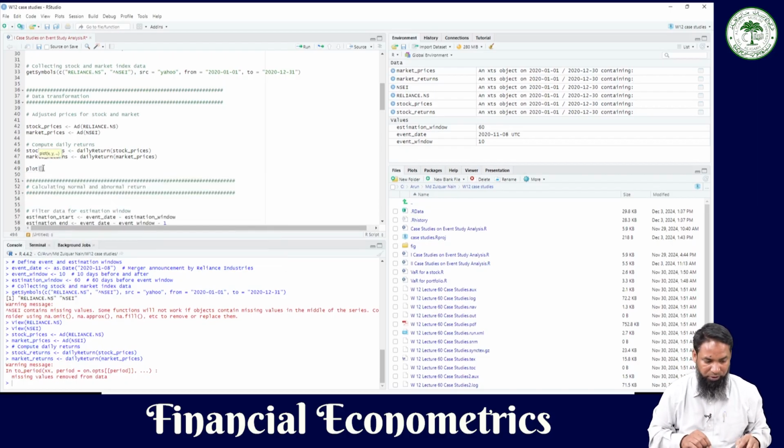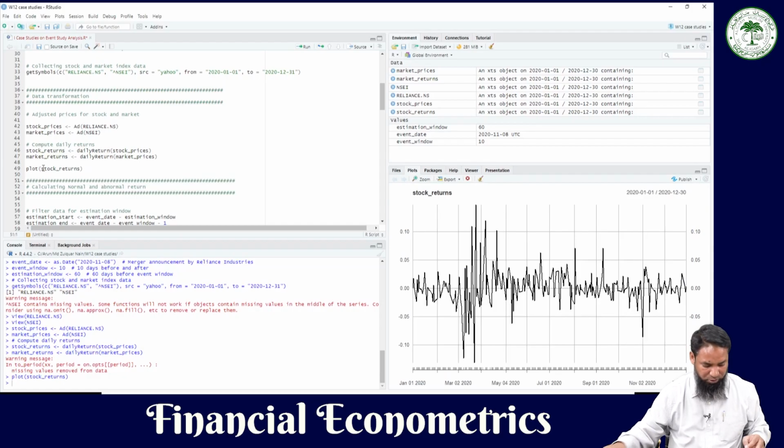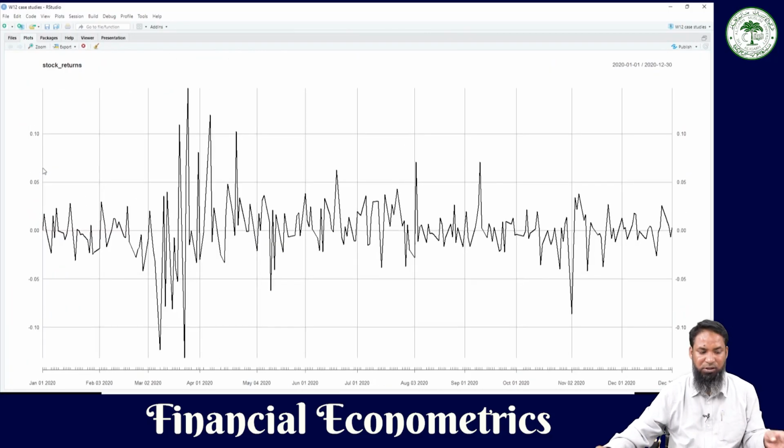So plot we are using, and we are using the stock return. Let us execute this command. So here we have this stock return. What we can observe here is that if you see March 2020, there is quite a fluctuation in the return.